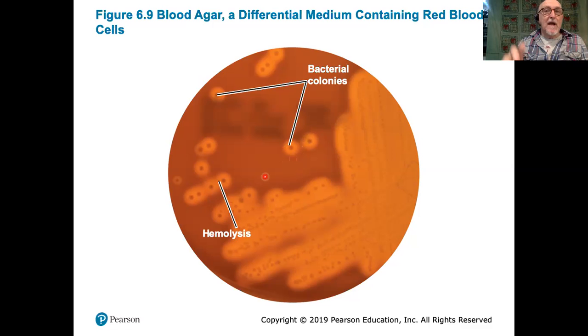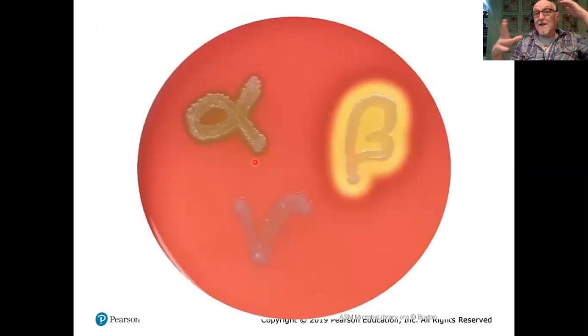And there are different characteristics of hemolysis, which I'll show you. They get a Greek letter. Let's have a look at this one first, even though it's the second letter. This is beta hemolysis. There's the beta for you, okay?